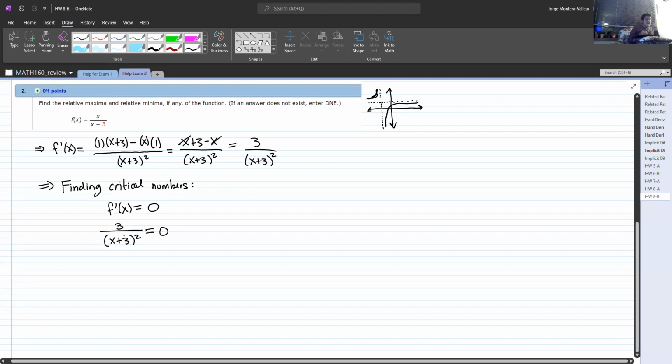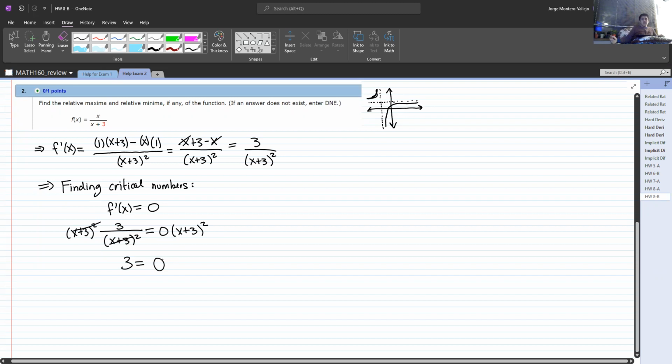Now, if you wanted to actually work out the equation and show that you get no solution, if you wanted to solve for x, you would multiply by x plus 3 squared, just to get rid of the x plus 3 in the denominator. You cancel out, you get 3 on the left, and when you multiply 0 by that, you get 0.